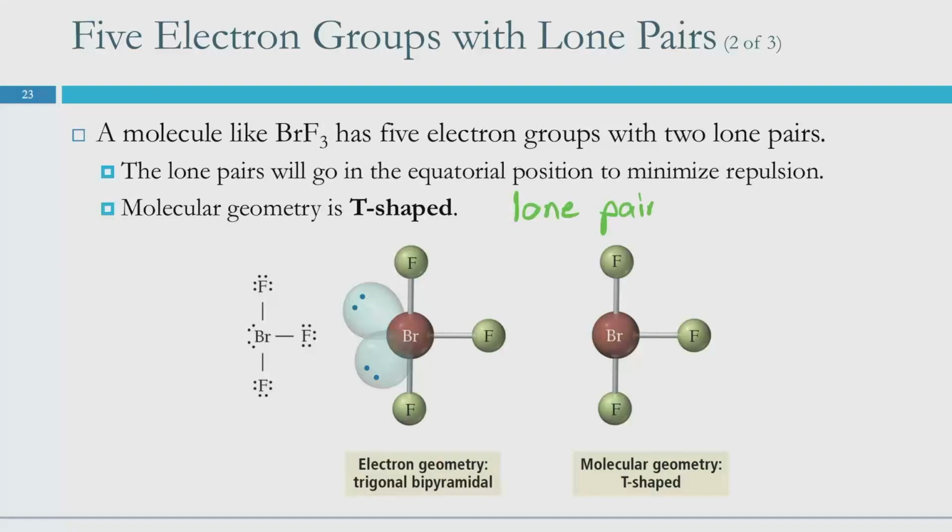Lone pairs just generally go in equatorial positions. This is not always true. We'll see examples of when this is not true. But for our 5 groups, they do go in equatorial positions because 120-degree interactions are less stressful.